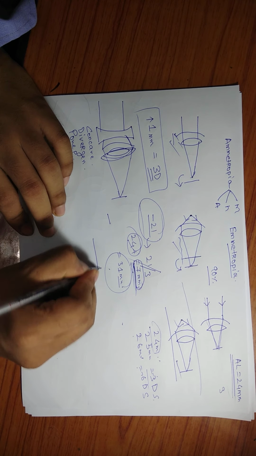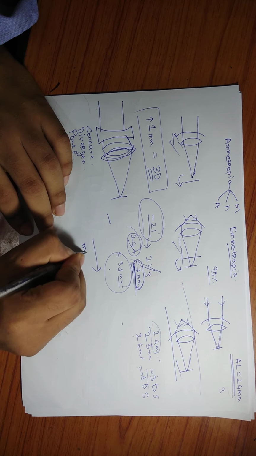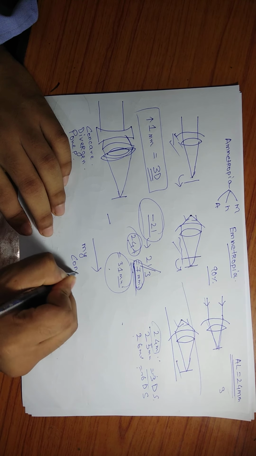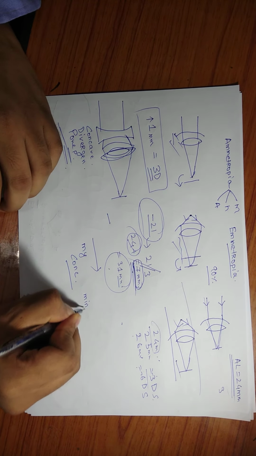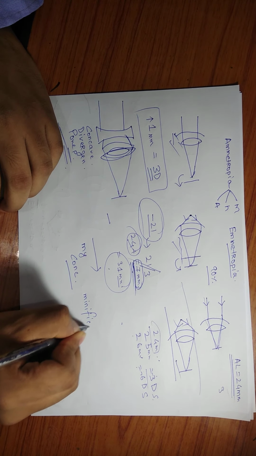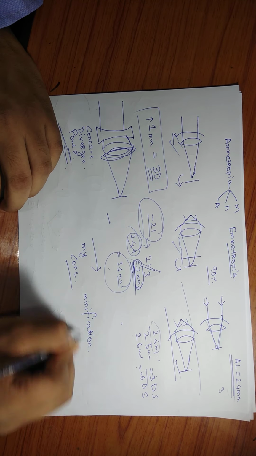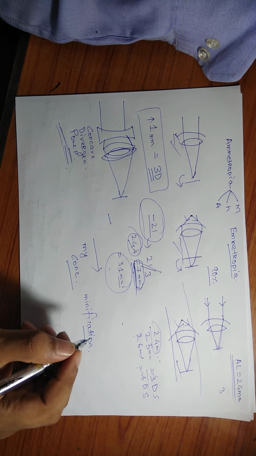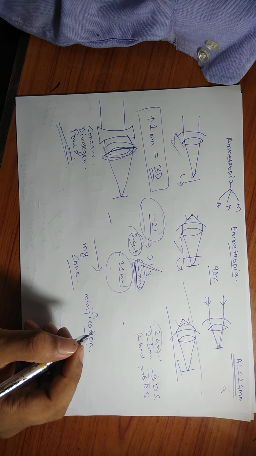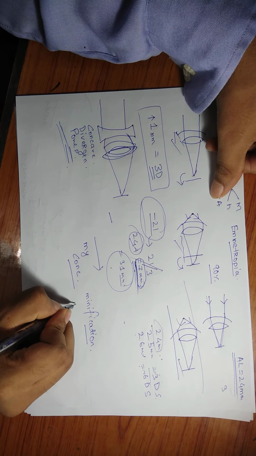And another problem with concave lenses for myopia is a problem called minification. Okay, there is a minification problem here. So what is the formula here?